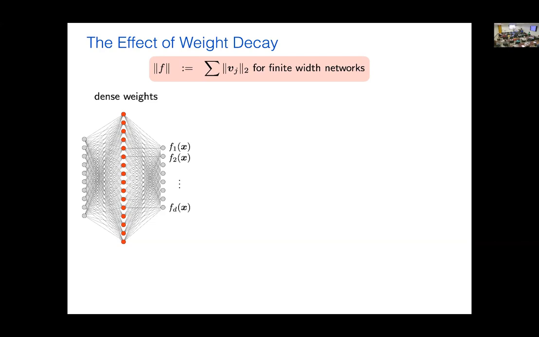So think about a single layer of a neural network that looks like this. If each of those edges is a weight in my neural network, and they're all proportional to a constant, then if you calculate this norm, you get a value that's proportional to the width, the number of neurons, times the square root of the output dimension.